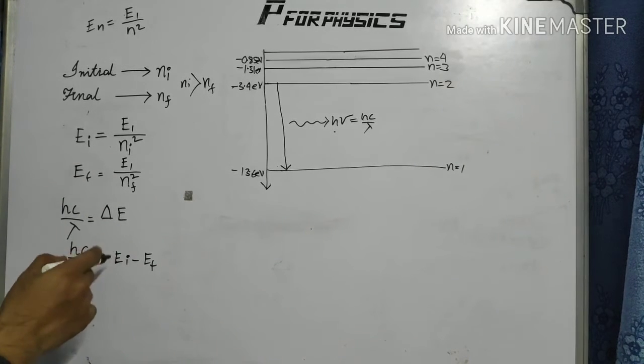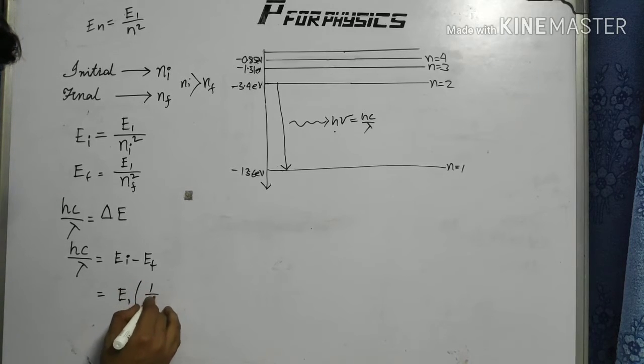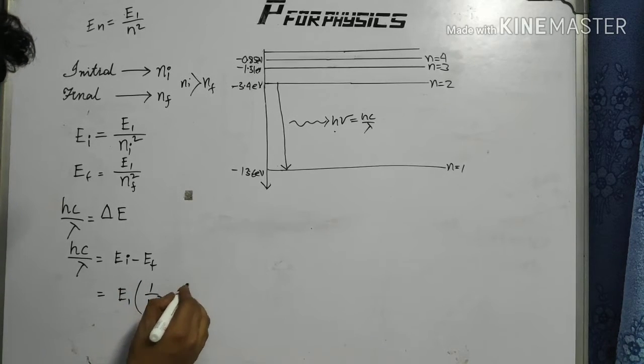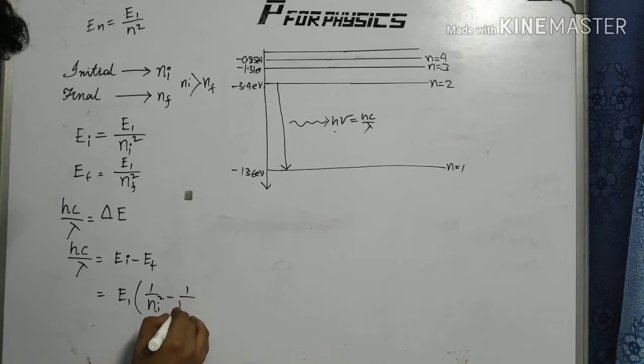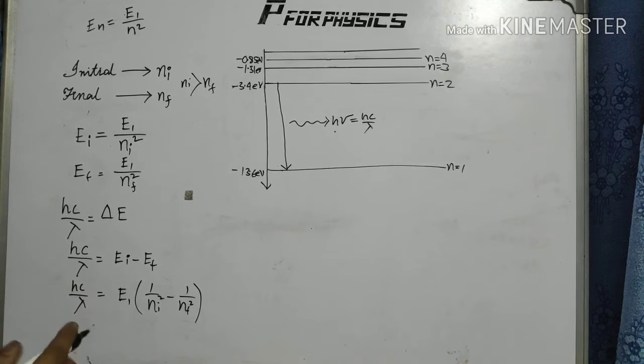So if we put these two values in this one, we'll have E1 as common, 1 by ni square minus 1 by nf square. Now there is a little bit of a problem, which is if ni is greater than nf, then this whole thing will be negative, and we know that wavelength cannot be negative, though it will not be of such a problem because E1 itself has a value of negative 13.6, so ultimately it will be positive.